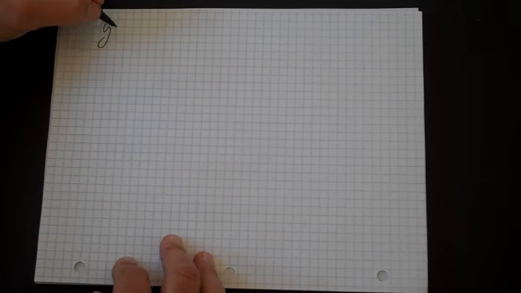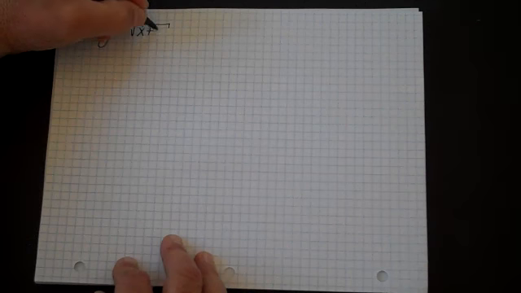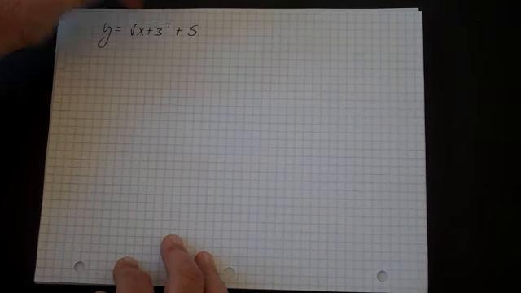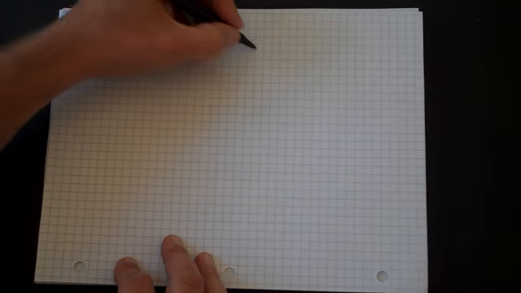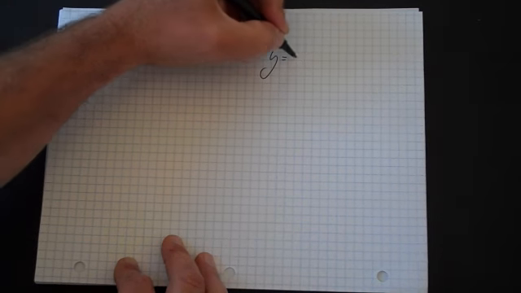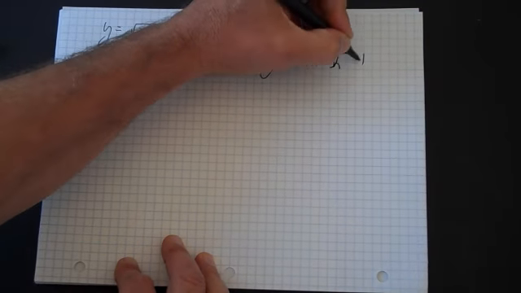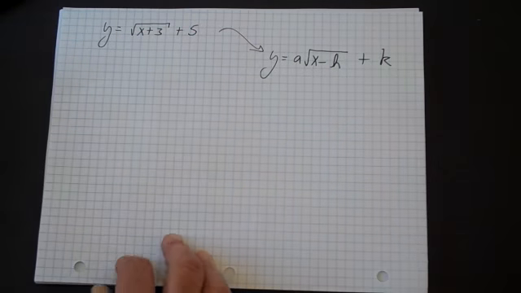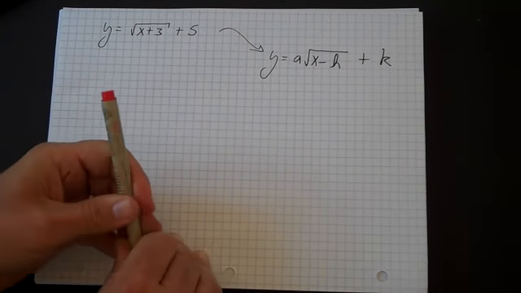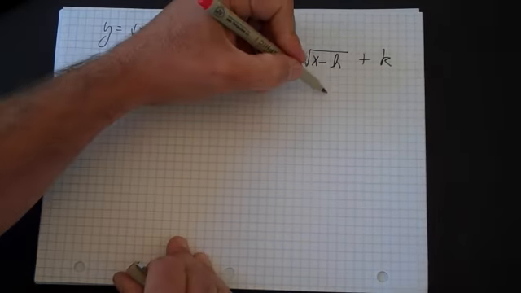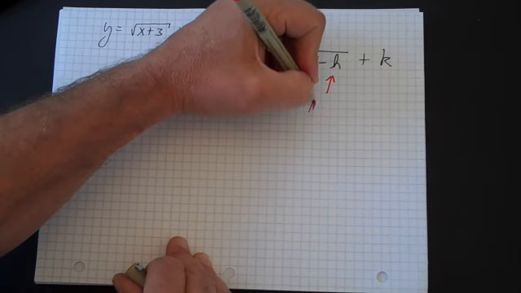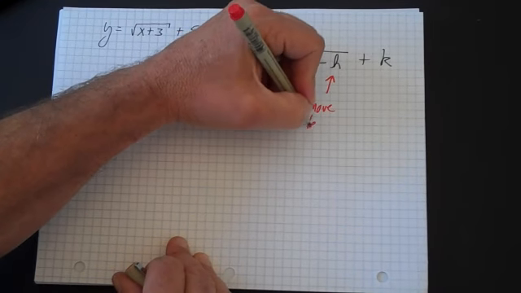So let's say we want to graph in particular, let's say we want to graph y is equal to the square root of x plus 3, plus 5. In general, this is going to be in the form y is equal to a times the square root of x minus h, plus k. The h here is going to move it left and right.